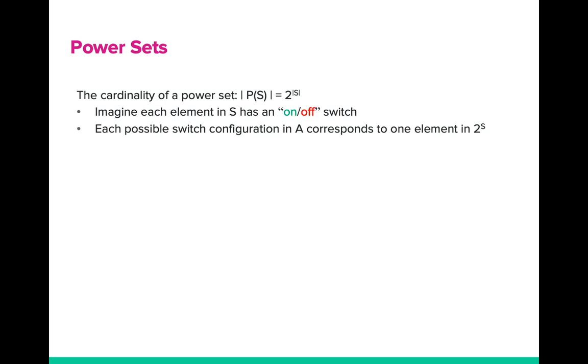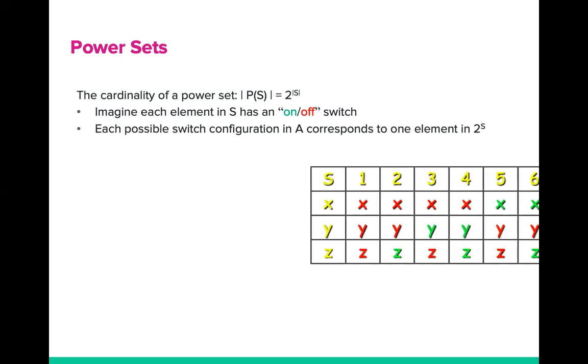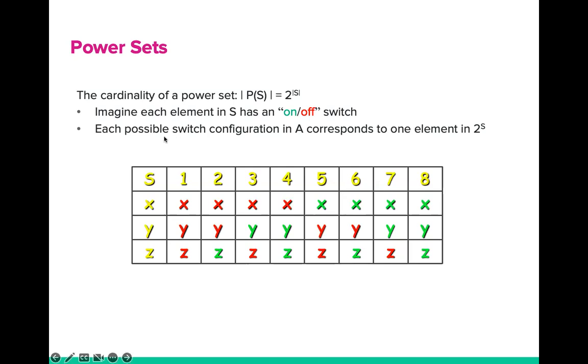So why is it 2 raised to S? Because each element has 2 states, on or off. On meaning it is included in the subset, off meaning it is not included in the subset, right? To understand it better, suppose we have a set S, and S has elements X, Y, and Z. Now, how do we get the power set of X, Y, and Z?